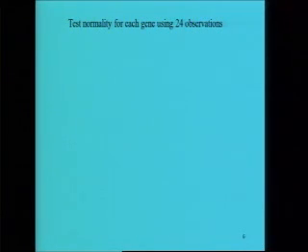Now let me explain one more thing here. These 24 observations corresponding to one gene, that is the first row of our data matrix, consist of three groups of observations: the first 8 corresponding to one group, the second 8 to the second group, and the third 8 to the third group. So actually they are not on an equal platform, their means can be different. So usually we scale the data, in the sense that we make their mean 0 and variance 1.